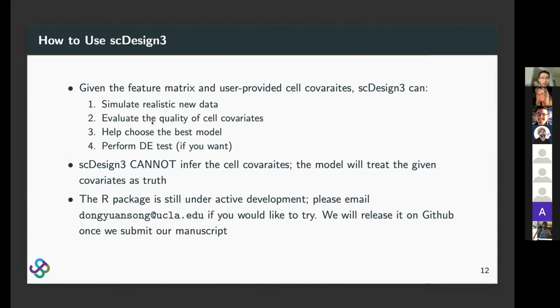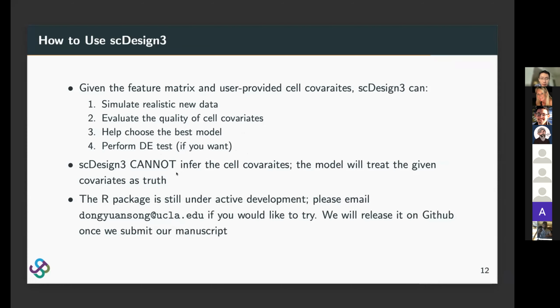It can also evaluate the quality of cell queries, for example, pseudotime or inferred cell types by clustering. It can also help you choose the best model. If you have different model specifications, you can use SCGen3 to choose the best one, which can explain your data. And it can also perform the DE test if you want, because the marginal distributions are fitted by regression models, and each regression model is naturally a DE test for each gene.